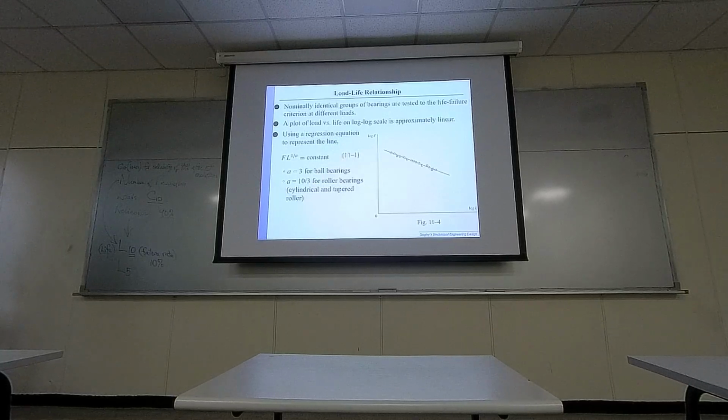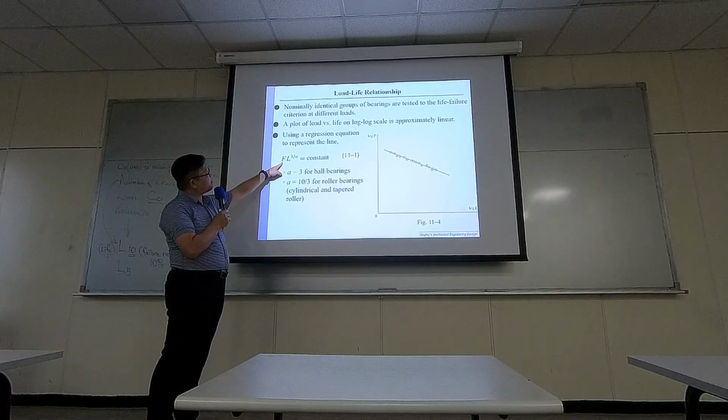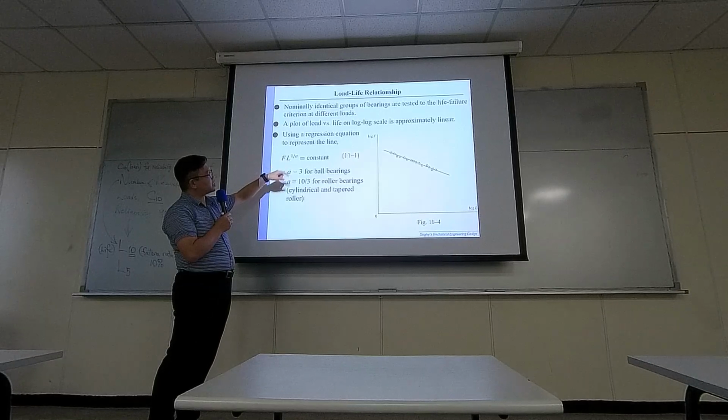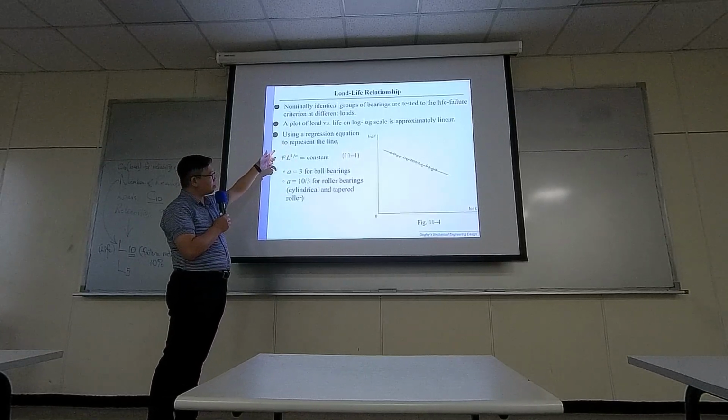So there's a concept: for every bearing, the manufacturer provides some kind of model. This is definitely a model. F represents the amount of load, L represents life, and there's a power law.